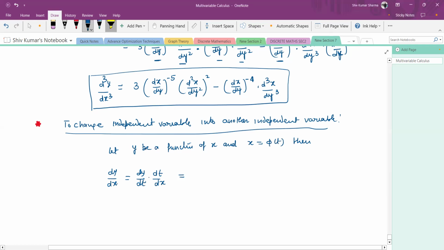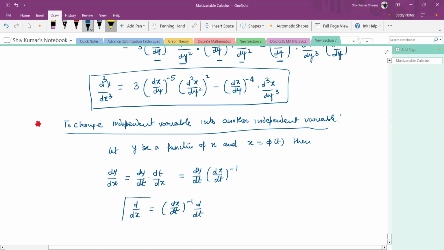So this can be written as dy/dt and dt/dx. So here also dt/dx can be written as (dx/dt) raised to the power minus 1. So we write down this in short: d/dx is equal to (dx/dt)^-1 into d/dt.